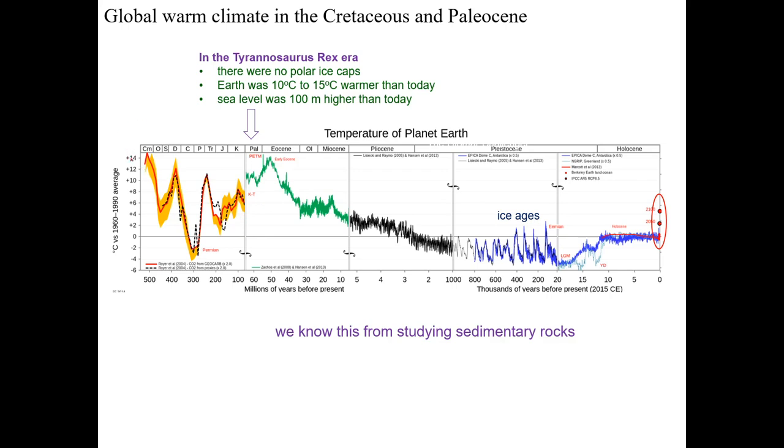Another thing that sedimentary rocks can do is preserve what the climate was like at the time. I'm not going to get into the details because it's pretty complicated, but we can look at the chemical composition of the rocks, especially oxygen isotopes, and figure out what the temperatures were like during different periods of Earth's history.